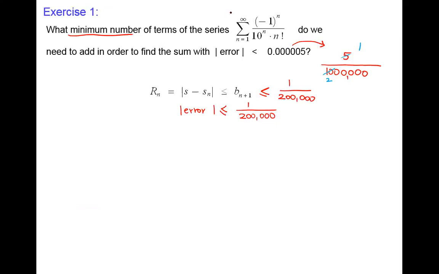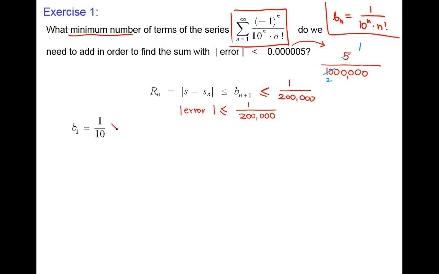Looking at this alternating series, I can see that b sub n is just 1 over 10 to the power of n times n factorial. Let's compute b sub 1. I substitute 1 instead of n. 1 factorial is 1, 10 to the power of 1 is 10, so 1 over 10.